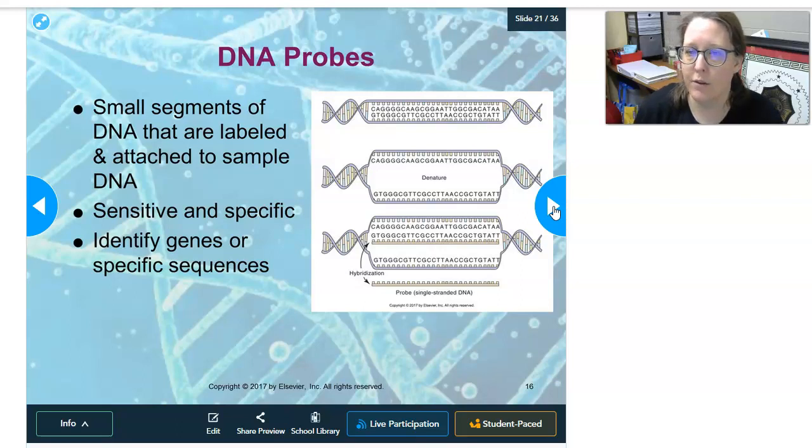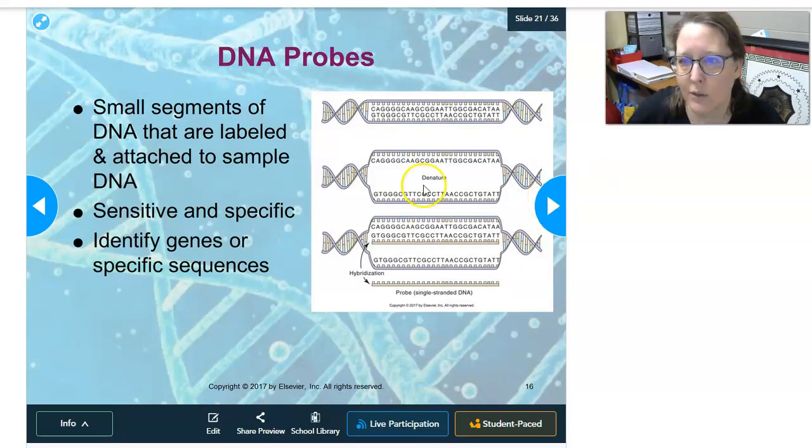So one of the other tools that we have is DNA probes. DNA probes are small segments of DNA. They are labeled usually in some way that can be detected, a lot of times with fluorescent molecules. A probe is then incubated and can attach to the sample DNA.